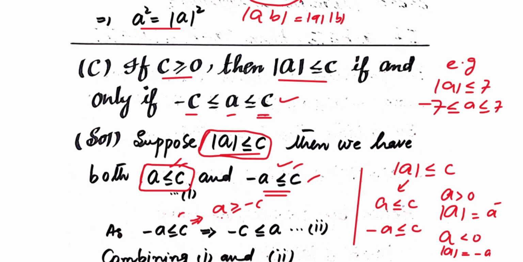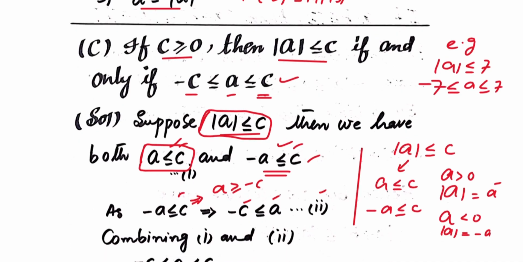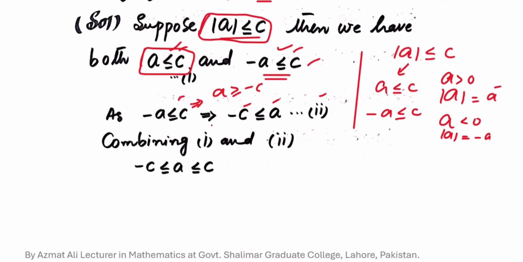So this becomes A greater than or equal to minus C. In other words, minus C less than or equal to A. Say this is inequality number 2. Now combining 1 and 2, minus C is less than or equal to A, and A is less than or equal to C. Hence we have minus C less than or equal to A less than or equal to C.